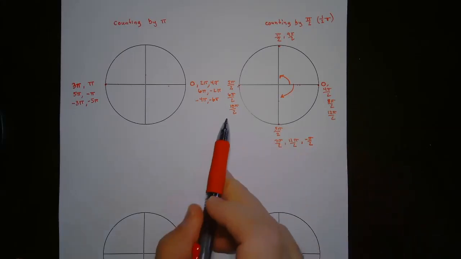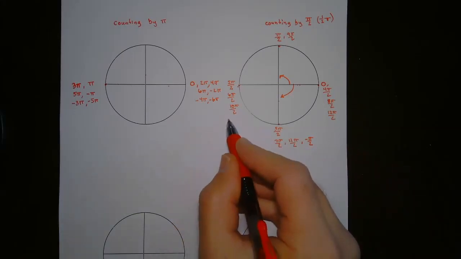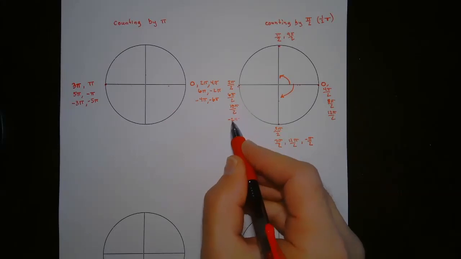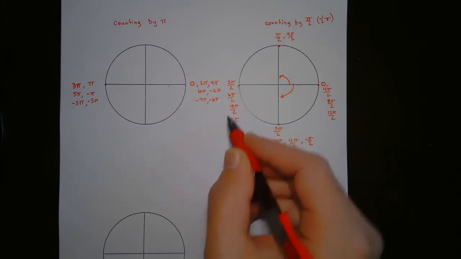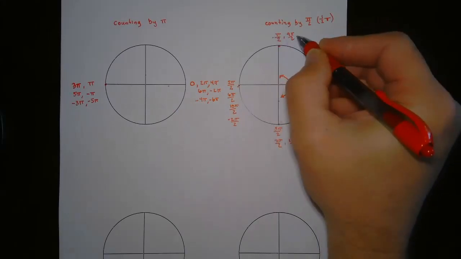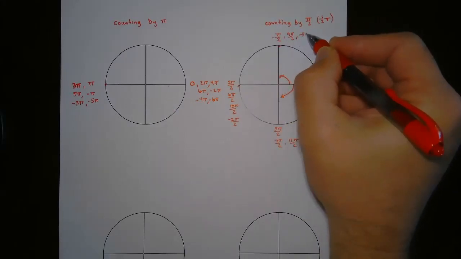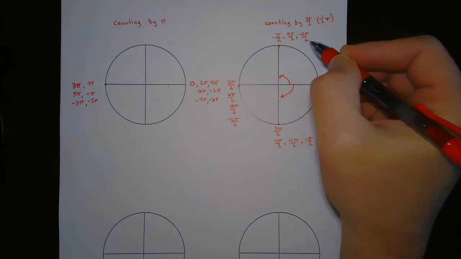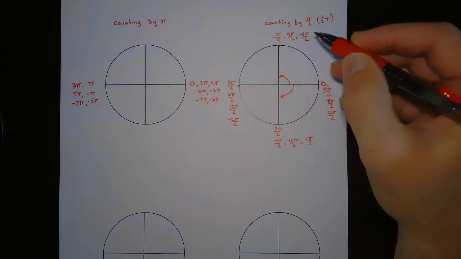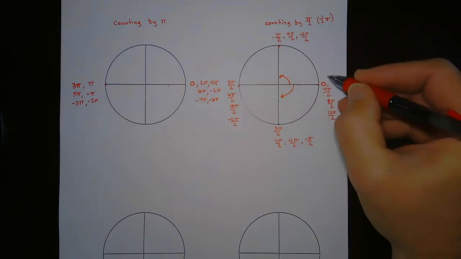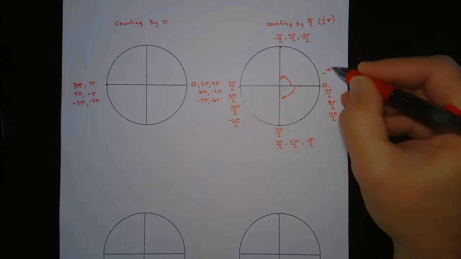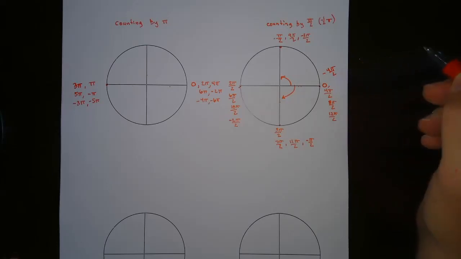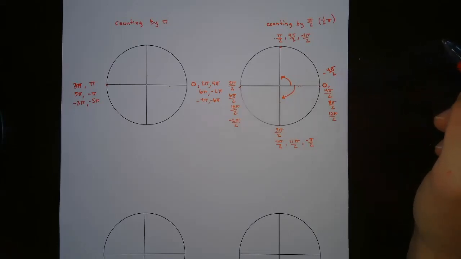Then this would be negative 2 pi over 2. Now, you're never going to see negative 2 pi over 2. What you would see is negative pi, okay? This would be negative 3 pi over 2. And just the negative tells you the direction you're rotating, okay? This would be negative 4 pi over 2. Now, you're never going to see negative 4 pi over 2.